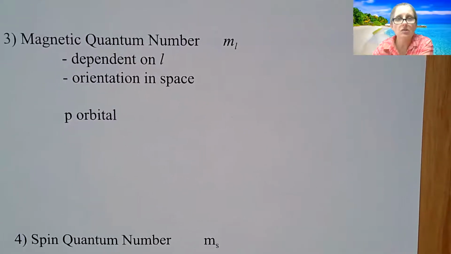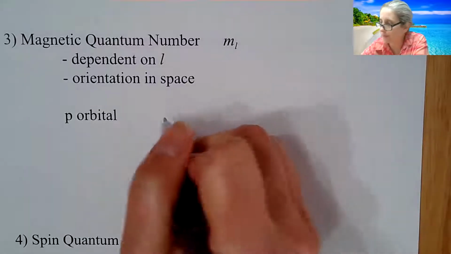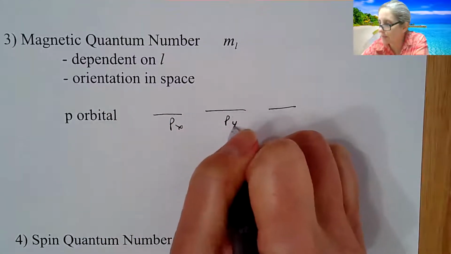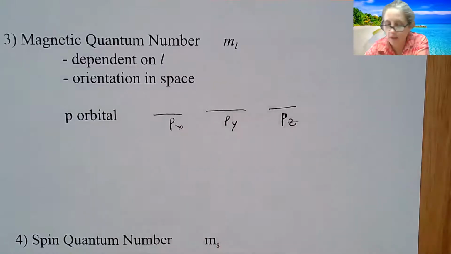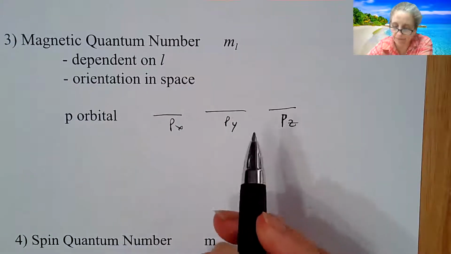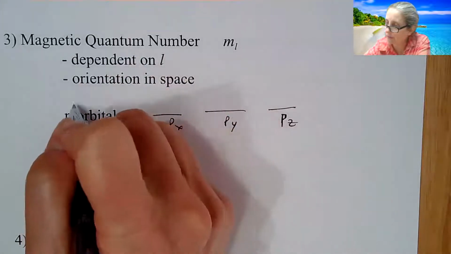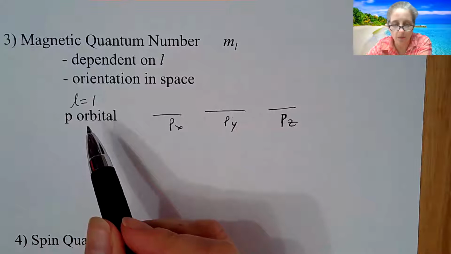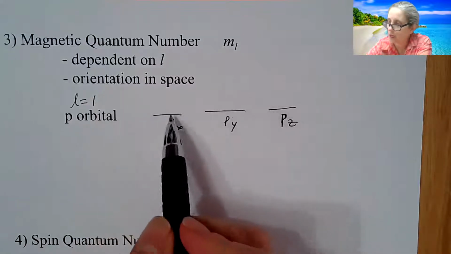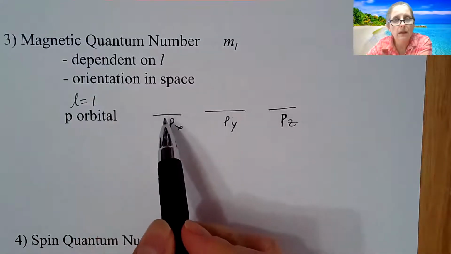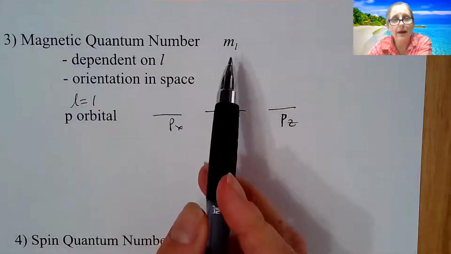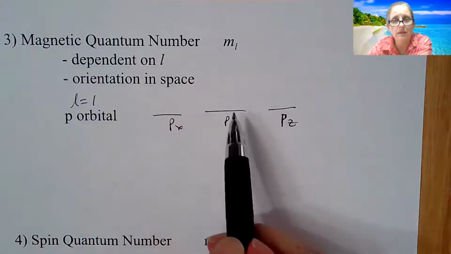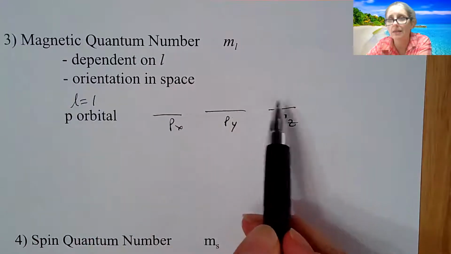So I always like to describe this one using the P orbital, okay? So I have 3 P orbitals, a PX, a PY, and a PZ, okay? So I could say my L for P is a 1, okay? That is my angular momentum quantum number. Well, my ML, my magnetic quantum number, has to describe, is the electron here in the PX, is it in the PY, or is it in the PZ?